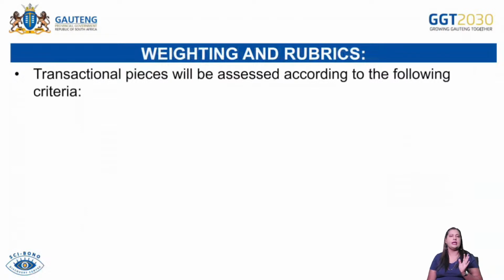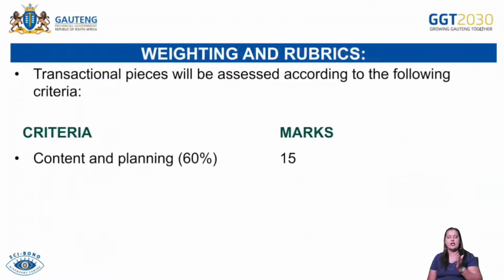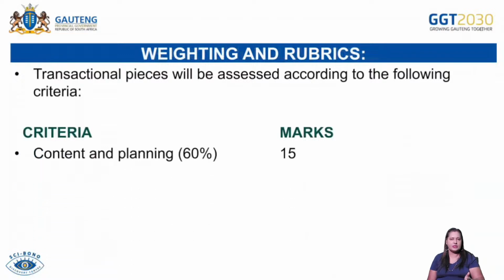But when we are looking at the marking of the transactionals, we are dealing with the rubric. There are weightings, and the rubric involved here would have the weightings included. So we have a criteria and we have a mark allocation for each of those criteria. The first criteria we're dealing with here is the content and planning.